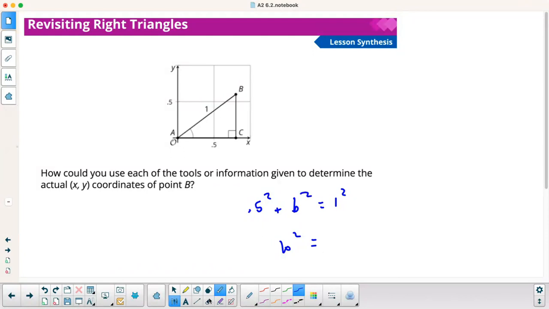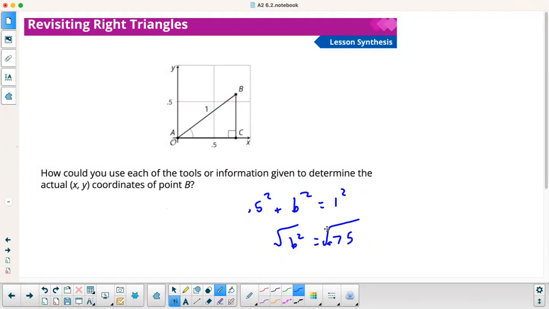So I'm going to get 1 minus 0.5 squared, which is 0.75, square root.